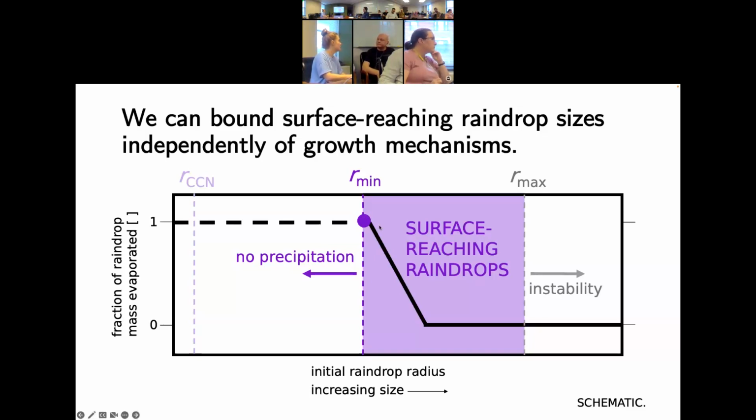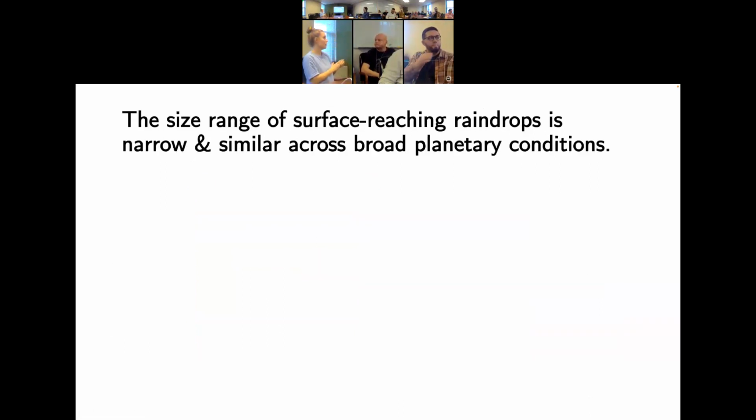What we want to know is how these different values of radius of interest vary across different planetary environments. What we find is that, thinking just about terrestrial bodies, the size range of surface-reaching raindrops is fairly narrow and also pretty similar across broad planetary conditions.